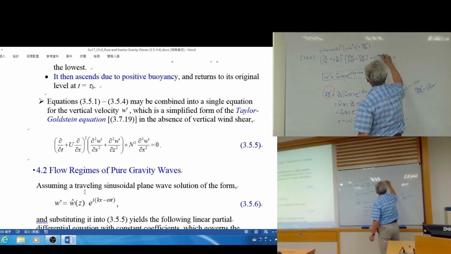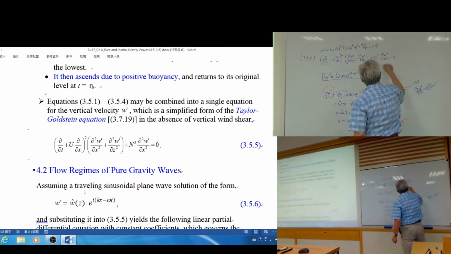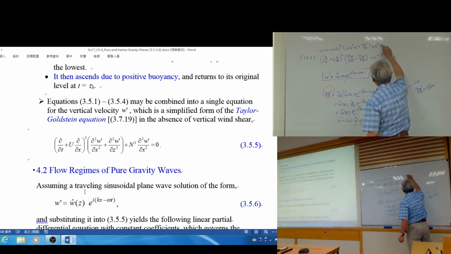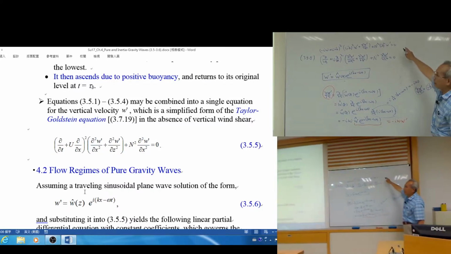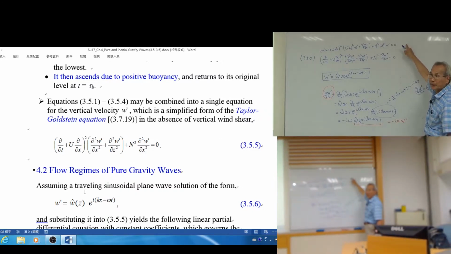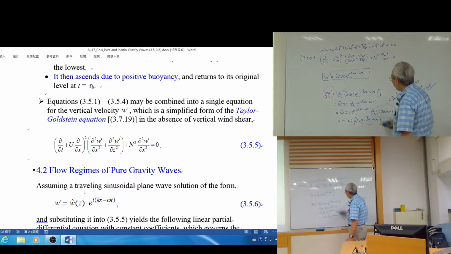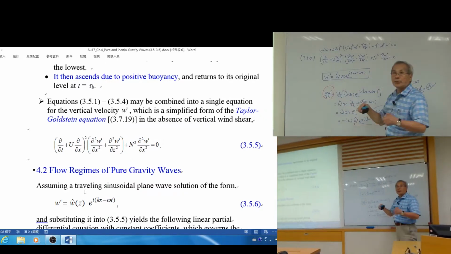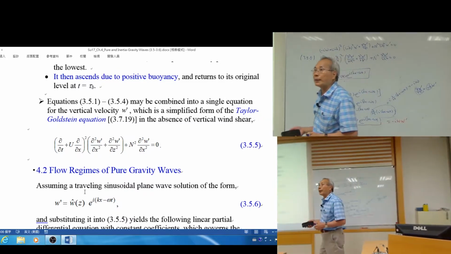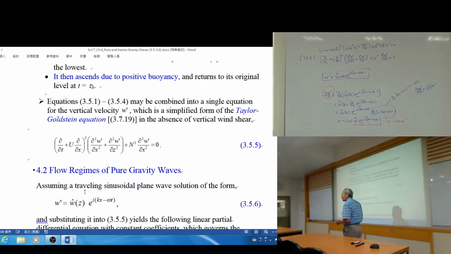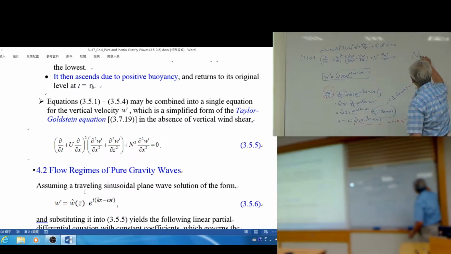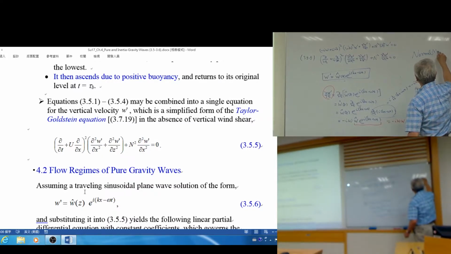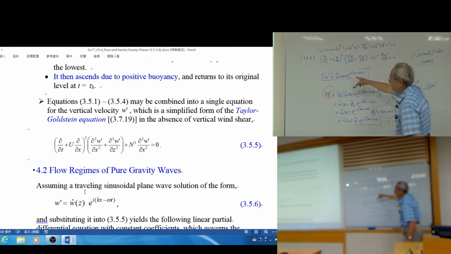And then this here becomes plus n squared, d/dx corresponds to (ik) squared, w prime equals 0. In the wave number space, as we call it. This method is called the normal mode approach, or method. Assume this.